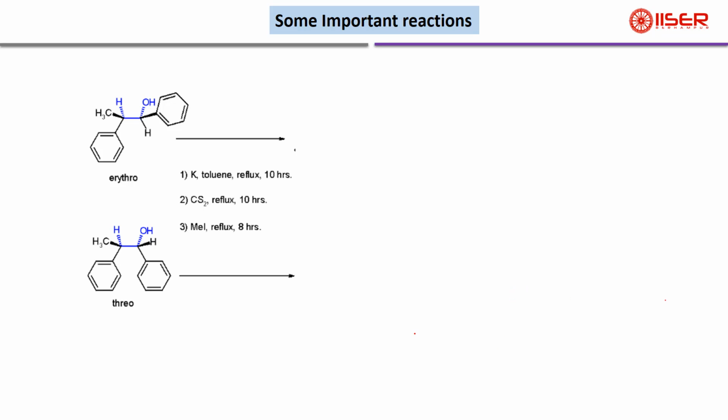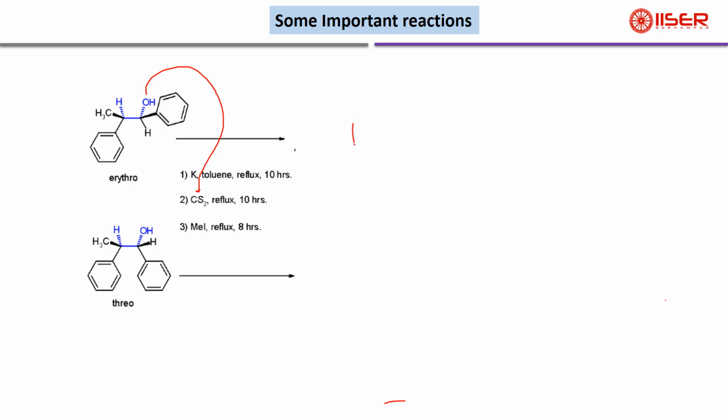So what will happen? In presence of potassium, it will lose the proton, and its O minus will attack this CH2. Then after that it will be methylated.